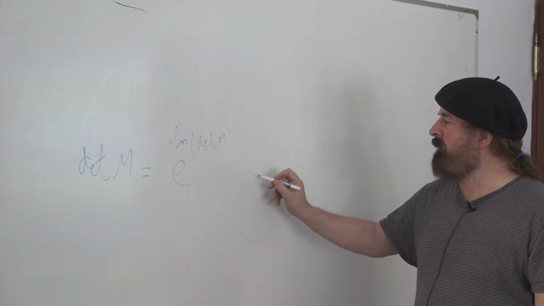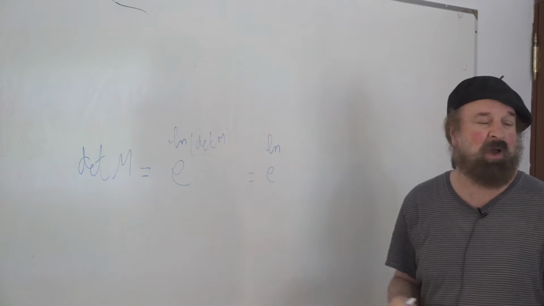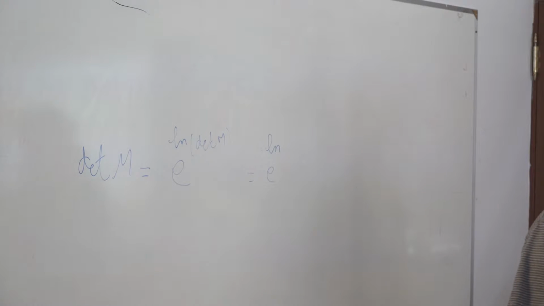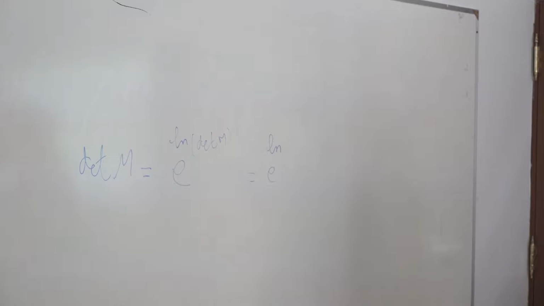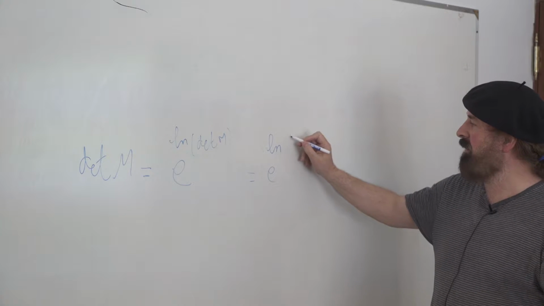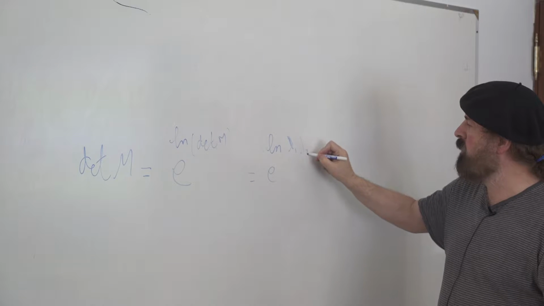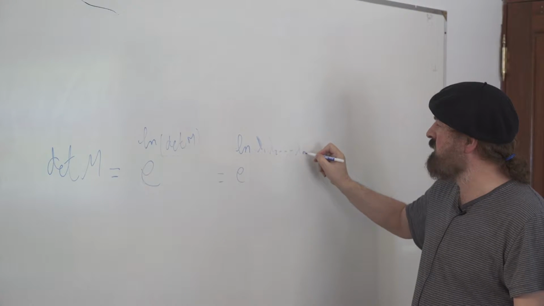Now, let's suppose that you have diagonalized a matrix. The determinant of a diagonal matrix is equal to the product of the elements along the diagonal. So this will be the logarithm of the product of the diagonal elements, lambda 1, lambda 2, up to lambda n.